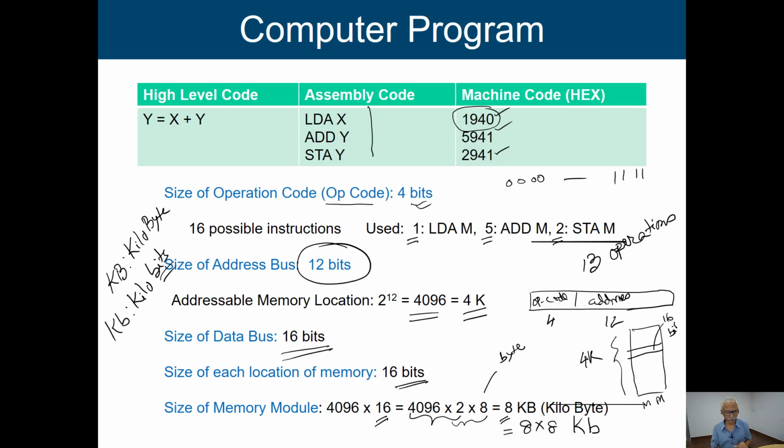Okay. Now what we have seen over here, now my instruction format is like this. This is a 4-bit opcode and this is the address.